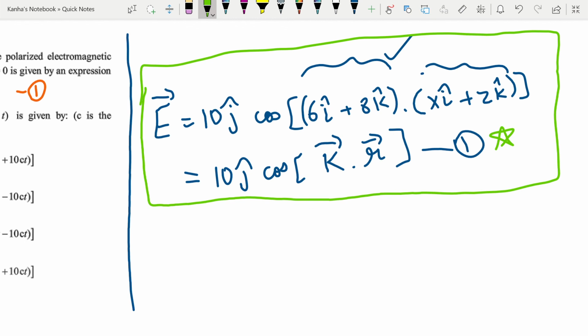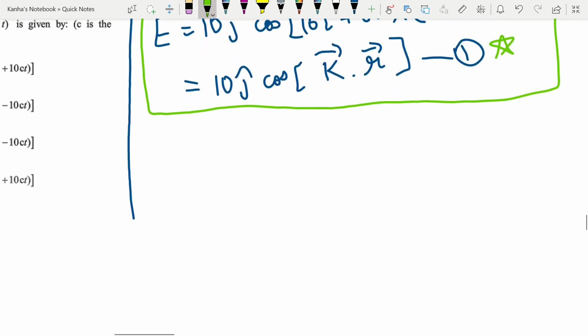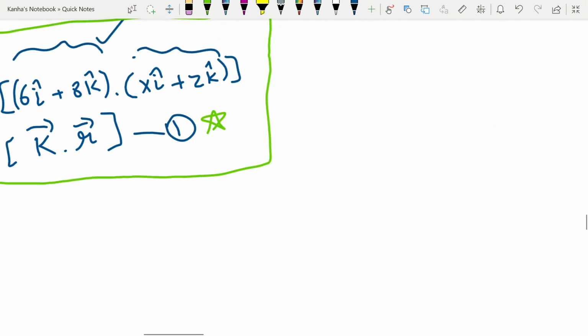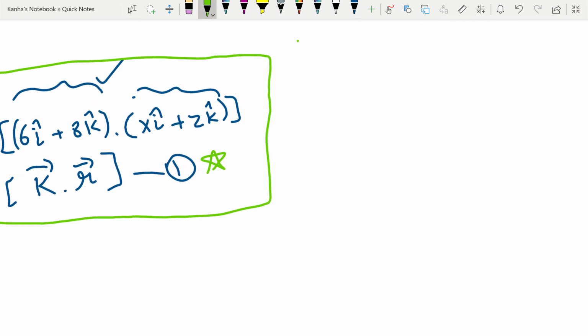Now I can easily see what this really is, so I'll just make it on the right side. Okay, so what do we have here? We have the electrical field in the j cap direction.